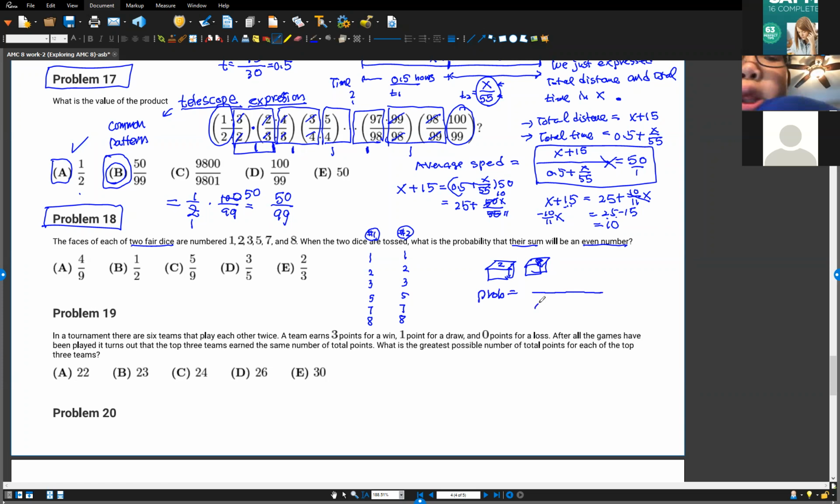Probability is the successful outcomes over all possible outcomes. Outcomes are results. Over here, the successful outcomes, or event outcomes.